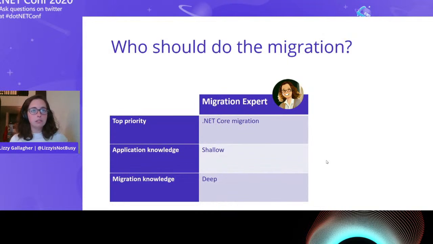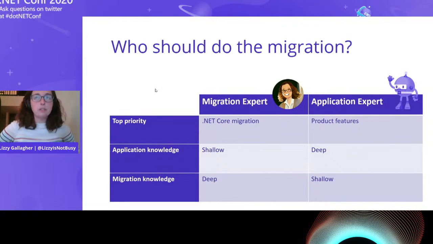Okay, so then who should do the migration? What about those application experts I just told you about? Remember, I told you about them, those who feel ownership over an application and intimately know the code base? Well, they do have a lot of other things on their plate, namely shipping features to our clients, but they do have deep knowledge about how their applications work. Surely they must be more capable of making a fundamental change like migrating to .NET Core.